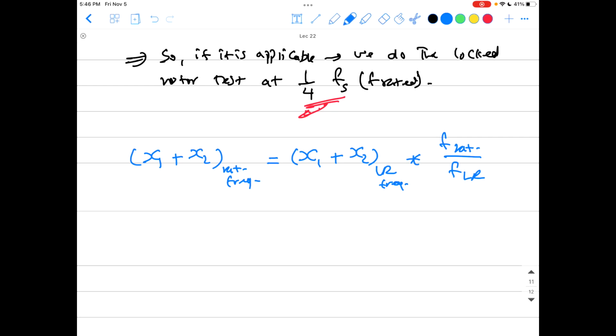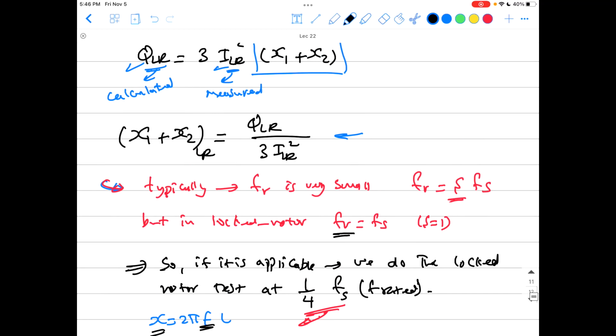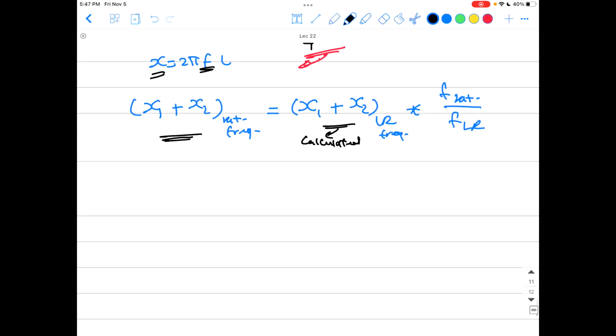So you need to transform them back to the actual frequency, and you know X is directly related to the frequency. X equals 2 pi FL. That's why we use this direct relationship here. We find the actual one by multiplying the calculated X1 plus X2 locked rotor by this ratio, F rated over F locked rotor.